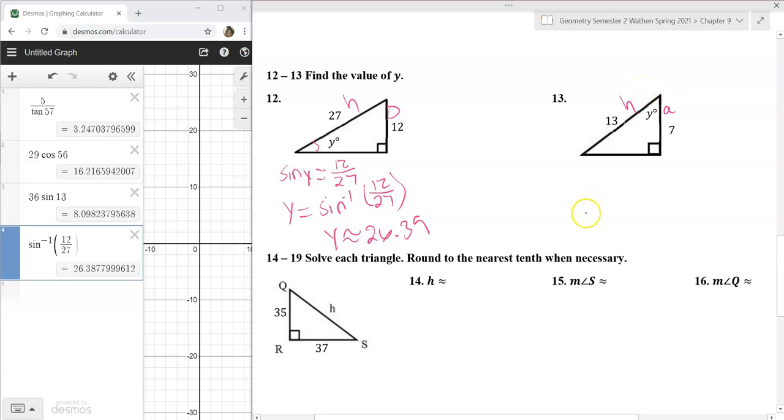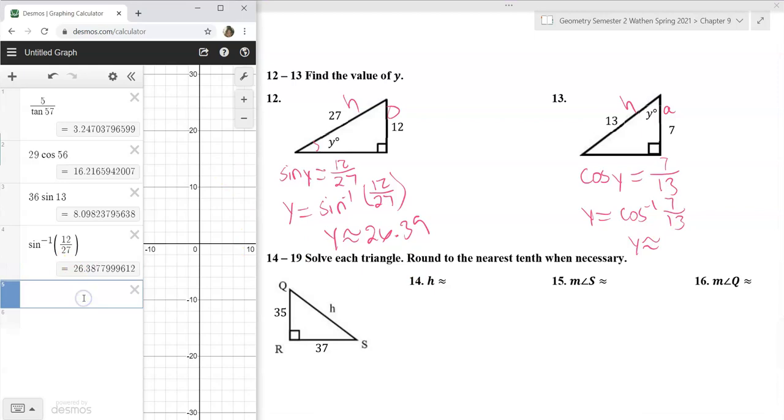So here we're going to use cosine. Cosine of y is equal to our adjacent, which is 7, over our hypotenuse, which is 13. We'll take the inverse cosine of both sides. And just to make sure we're on the right track, we'll go ahead and find our decimal approximation.